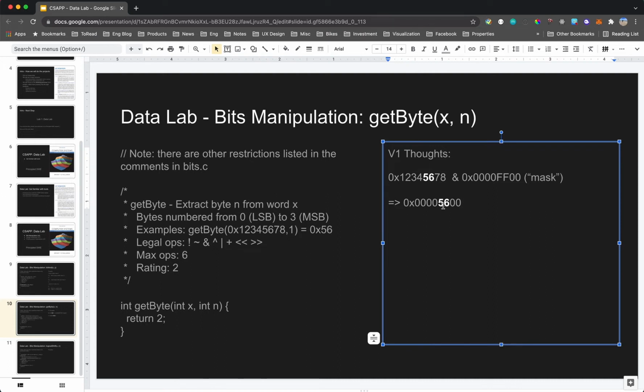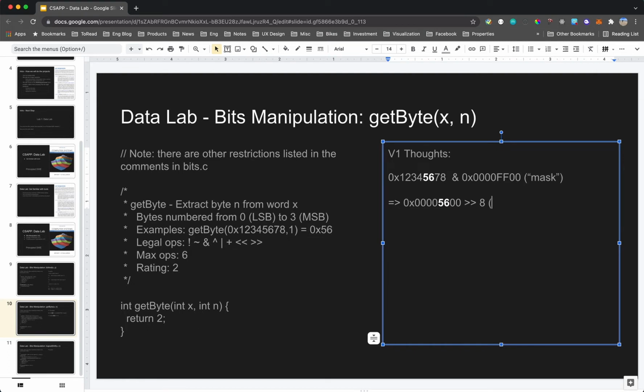So now we have this intermediate number that has the particular 2 digits we want. In order to get the final answer, we also need to shift these 2 digits to the right, right? So we can shift it to the right by 8 bits. Here it's 8 because we have 2 zeros here. Each 0 is 8 bits of 0.